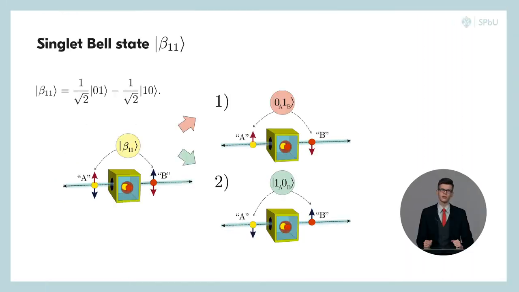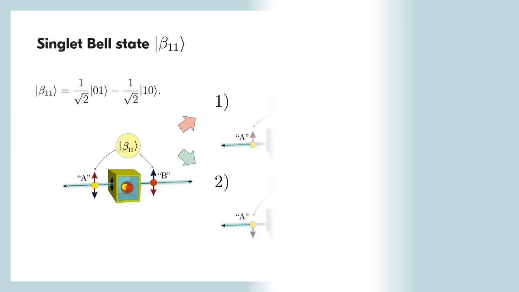In the second term, the particles have their places swapped. Now the particle A is in the state 1 and has minus 1/2 spin projection, arrow down, while the B particle is in the state 0 and has the spin projection of plus 1/2, arrow up. Let us remark that the choice of notation is a matter of convenience and has no further effect.